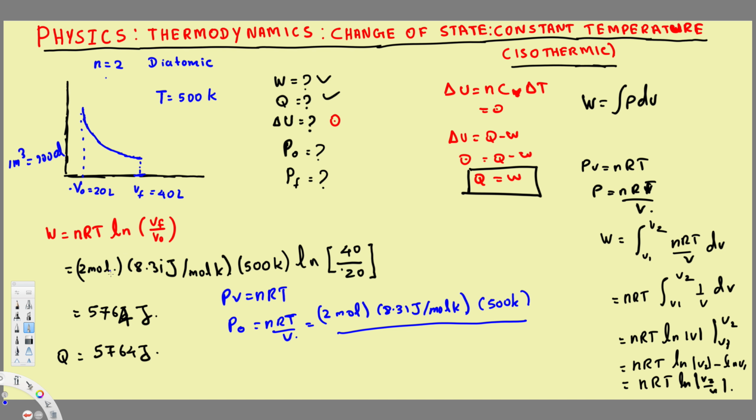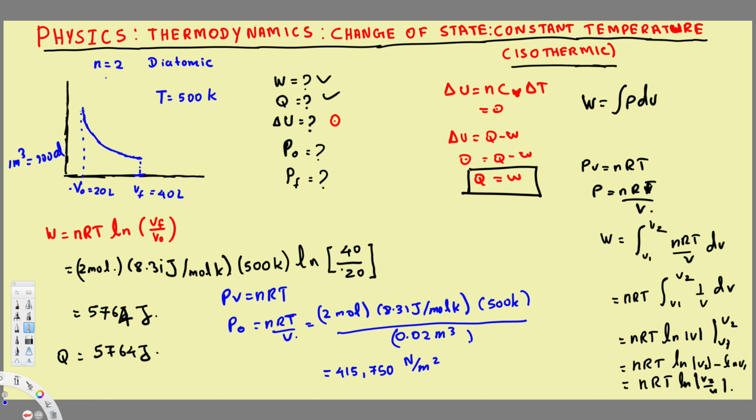Therefore, to convert this into meter cube, I have to divide this by 1000. If I divide this by 1000, that's going to give us 0.02 meter cube. And if you calculate this value, that's going to give you 415,750 Newton per meter square, same as Pascal, right? Newton per meter square, Pascal, same thing.